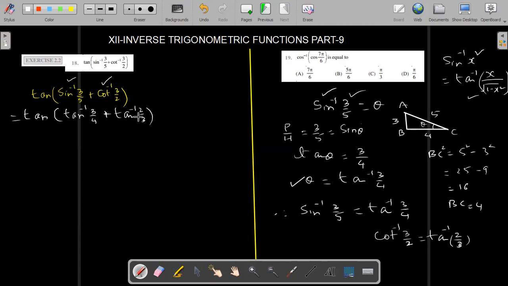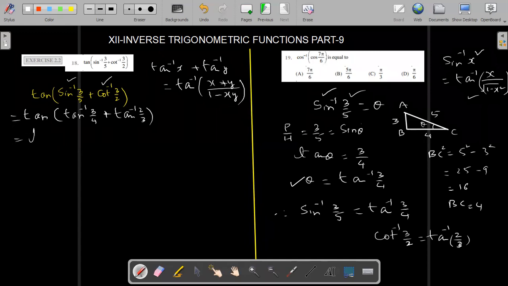Now we can use the formula, as I told you: tan inverse x plus tan inverse y is equal to tan inverse of x plus y divided by 1 minus xy.